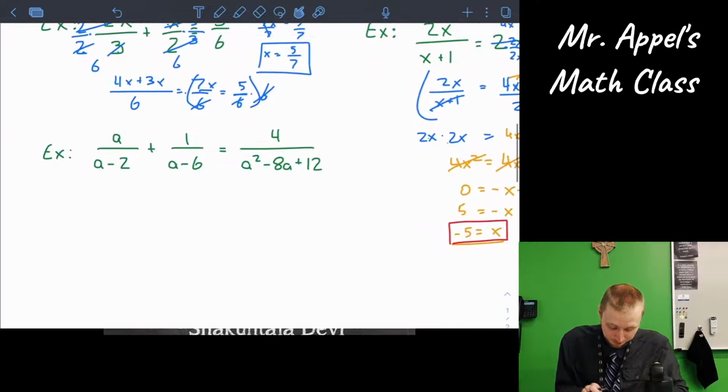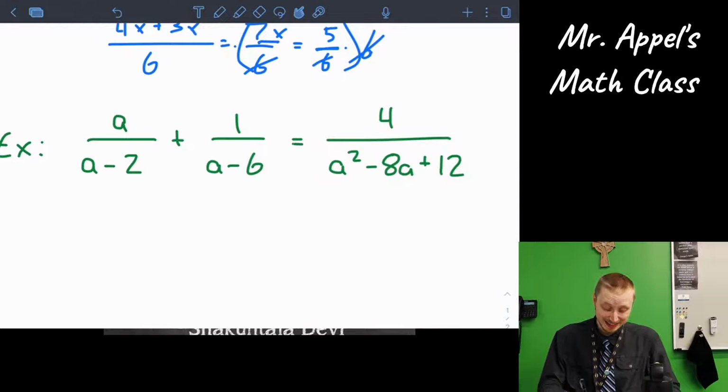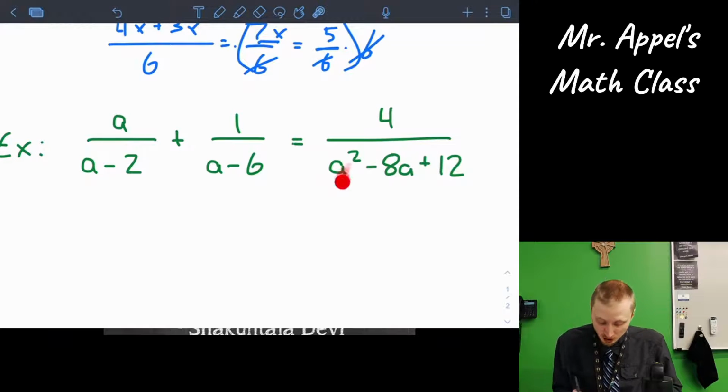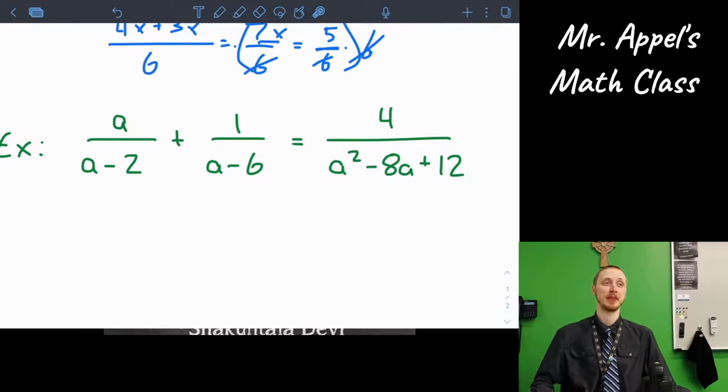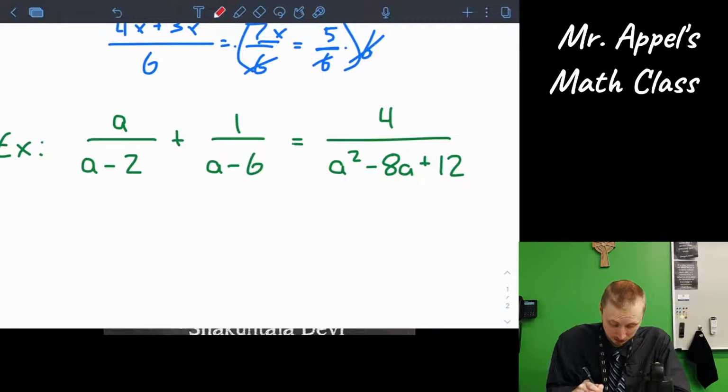Example number 3. It's getting much more complicated because now we've got a quadratic within the denominator. Oh boy. Okay. So first up, excluded values. What are we not allowed to equal to? Start there.